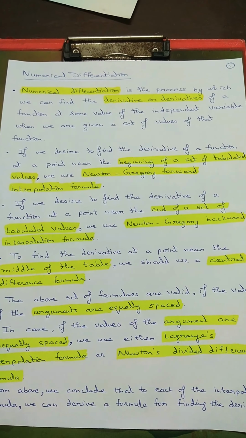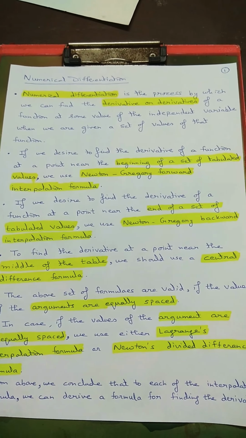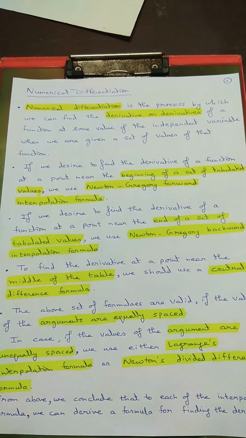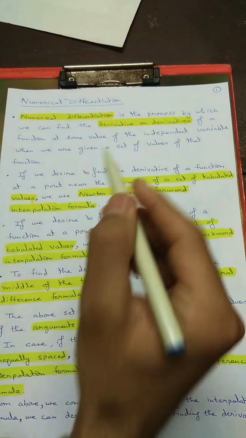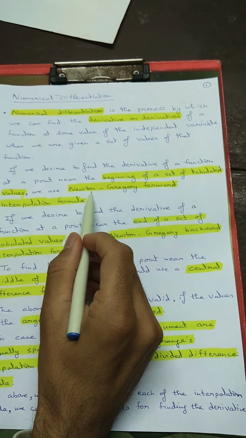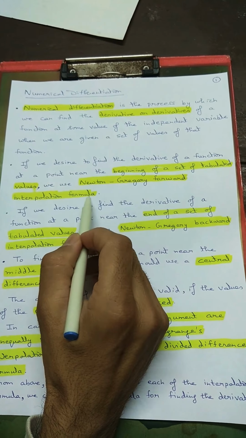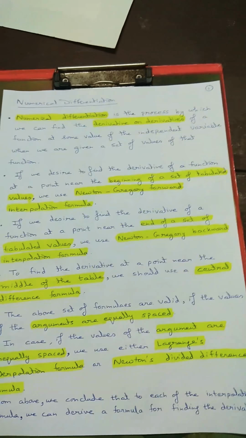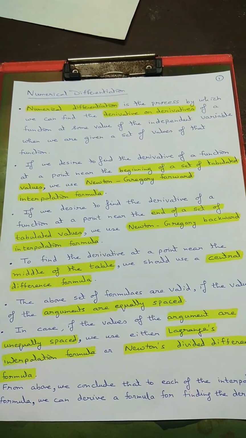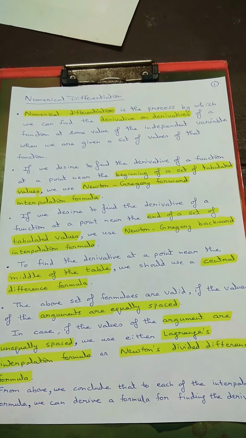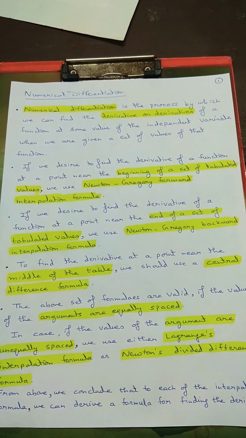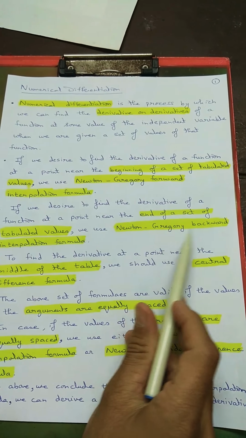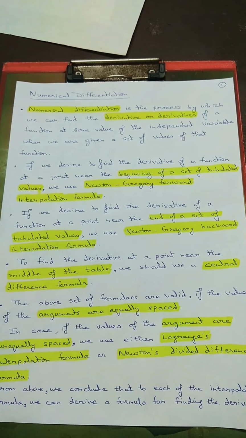If we desire to find the derivative of a function at a point near the beginning of a set of tabulated values, we use Newton-Gregory forward interpolation formula. If we desire to find the derivative at a point near the end of a set of tabulated values, we use Newton-Gregory backward interpolation formula.